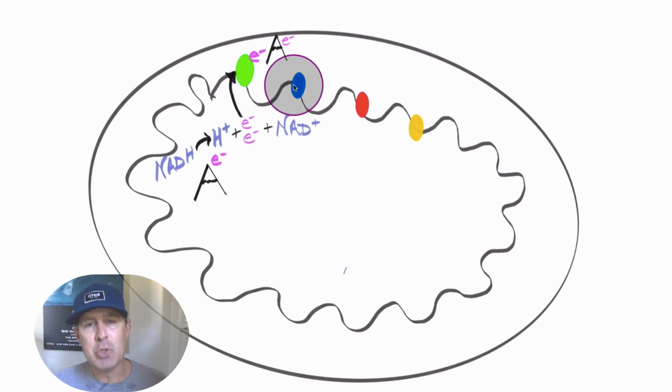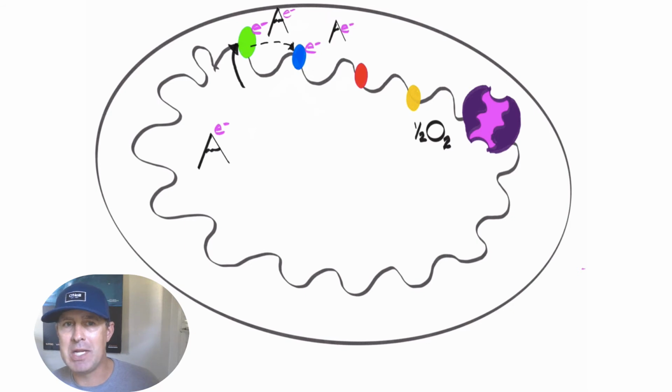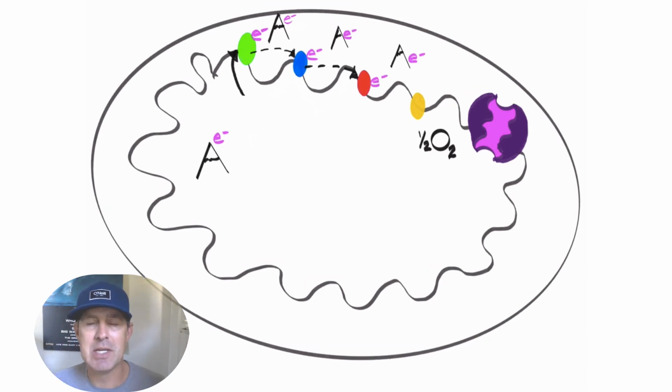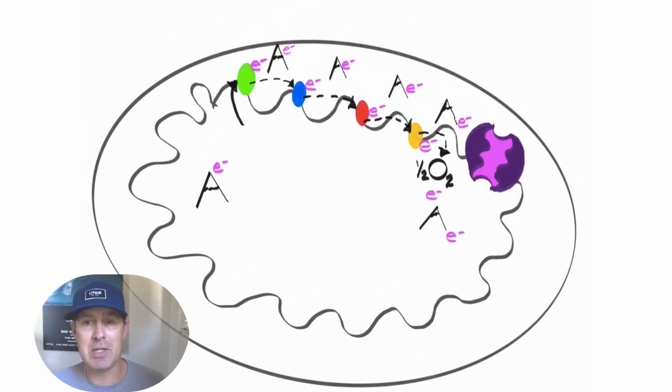So now the blue protein is going to pull that electron towards itself, and in doing so, it's going to release energy. Now we see here that electron is falling down its gradient, releasing energy in the process, moves down to the next protein in the electron transport chain, and that electron keeps falling to the more electronegative proteins until it gets to the most electronegative thing of all, and that's oxygen.